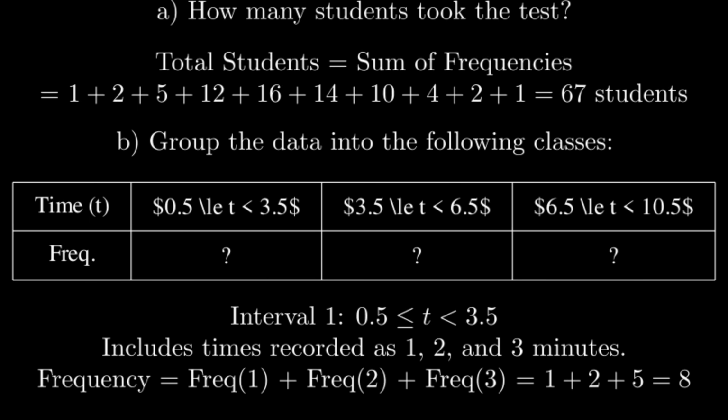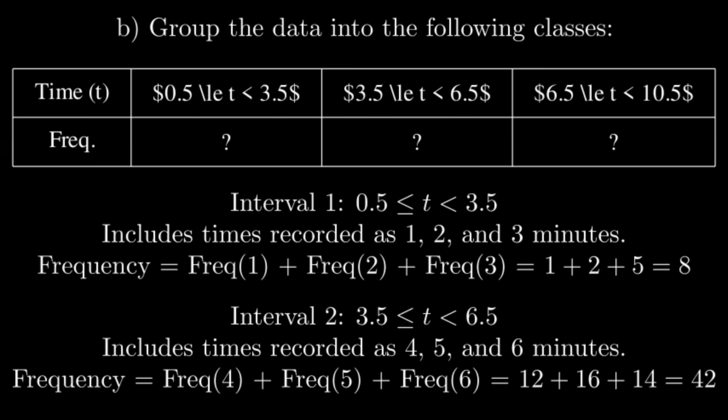So, the first interval, from 0.5 up to 3.5, will include all students whose recorded times were 1, 2, or 3 minutes. To find the frequency for this group, we add their individual frequencies, 1 plus 2 plus 5, which equals 8. For the second interval, from 3.5 up to 6.5, we include the recorded times of 4, 5, and 6 minutes.